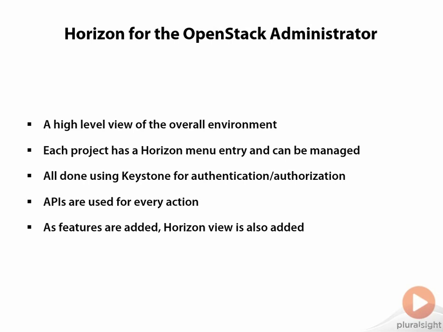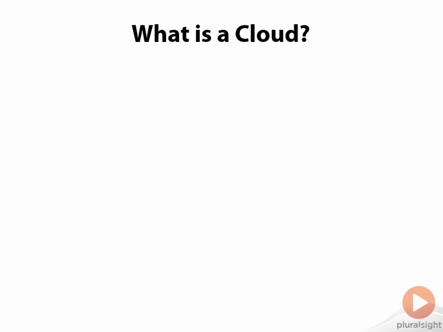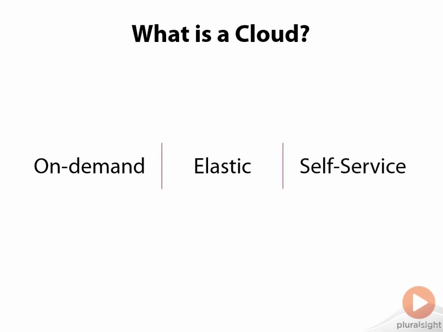So as we look at the admin side, that's great. But remember, let's go back to the very beginning and what we talked about. What is a cloud? It has to be on demand, it has to be elastic, and it has to be self-service. Well, let's take the elastic piece out of here and look at those other two.